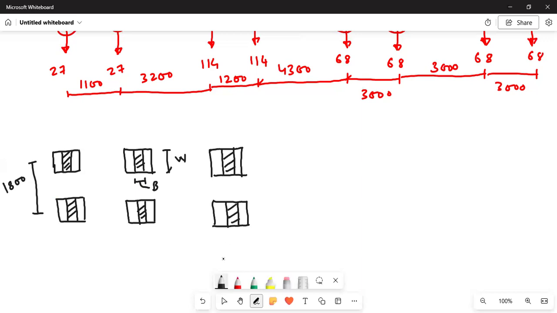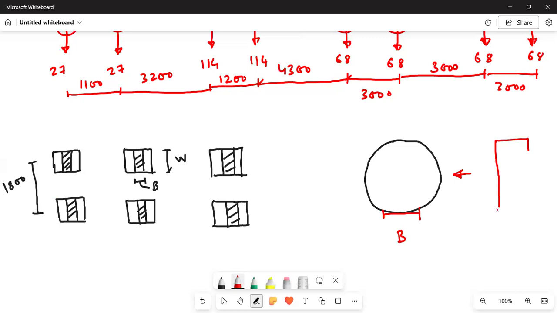Okay. Now what is B? I will tell you. If you draw the tire, some of the tire is in contact with the surface. So B is nothing but the distance of the contact surface. And if you see from this side, you will be able to see the width of the tire.